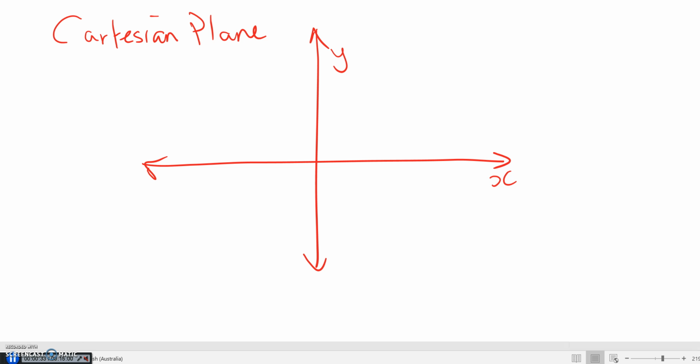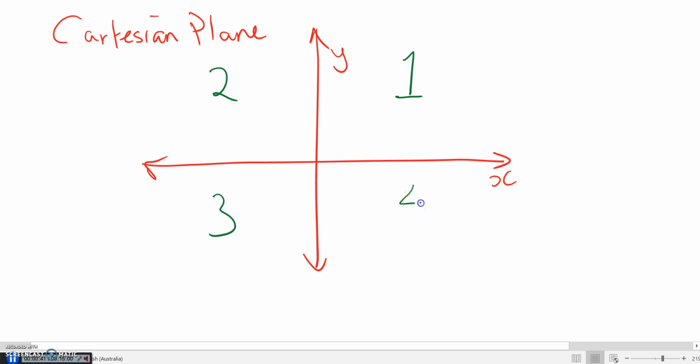Quadrants for one. First quadrant is here, all positive and positive. Quadrant 2, quadrant 3, and quadrant 4 there. So obviously on our x-axis we have our positive numbers, so positive 1, positive 2, positive 3, positive 4, positive 5, and negative 1, negative 2, negative 3, negative 4, and negative 5 there.